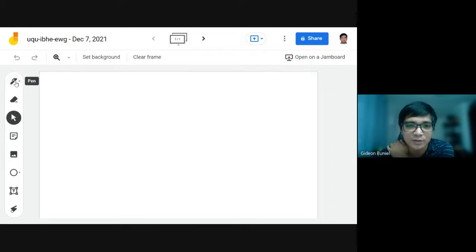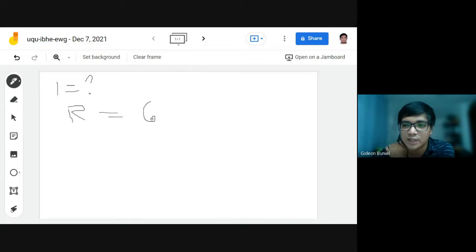So let's use this pen. I is the current. That's why it was a question mark. Now we have the value of the resistance. Resistance is equal to 6 ohms, right? And the value of E, which is the voltage, is equal to 12 volts.